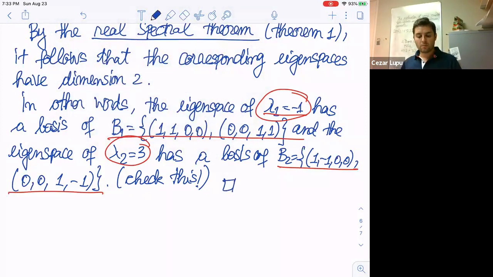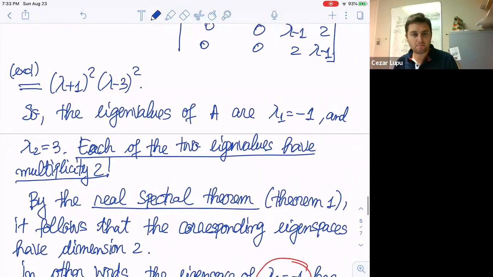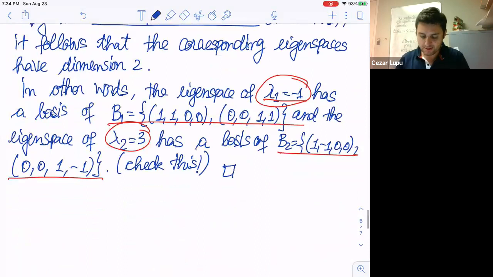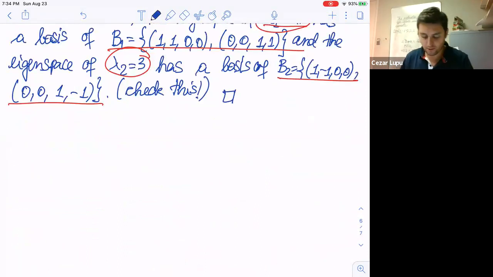Okay, so these are just some things about symmetric matrices, and now we would like to talk about orthogonal matrices, and we'll see what's the difference between a symmetric and an orthogonal matrix.